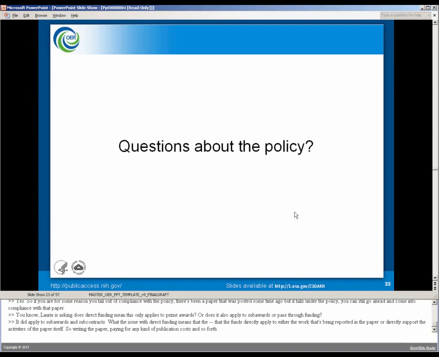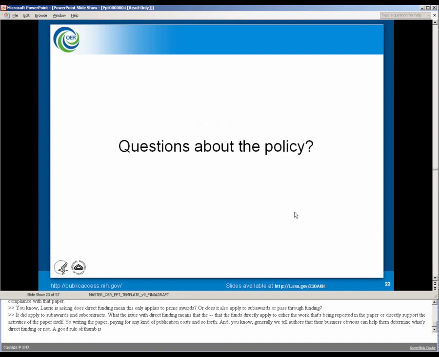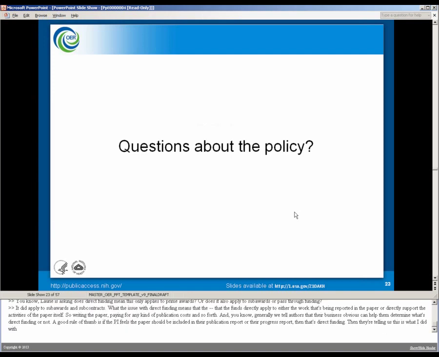Generally we tell authors that their business offices can help them determine what's direct funding or not. A good rule of thumb is if the PI feels the paper should be included in their publication report or their progress report, then that's direct funding. Then they're telling us this is what I did with the grant funds that you gave me.